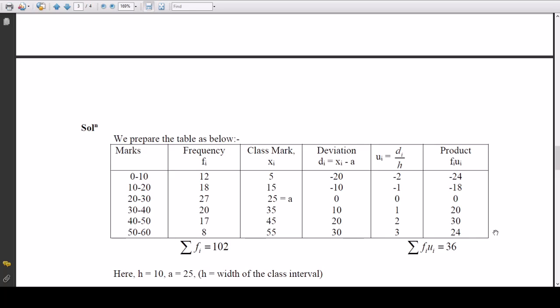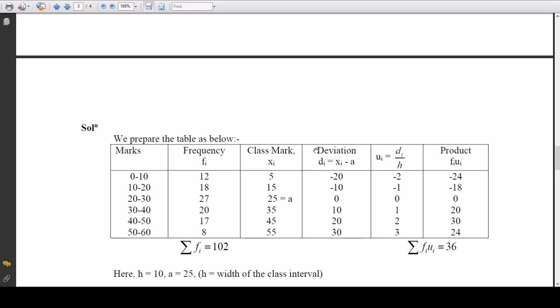By the first method, you just have to multiply frequency with class mark. Second method, frequency with deviation. The third method, frequency with this step deviation.